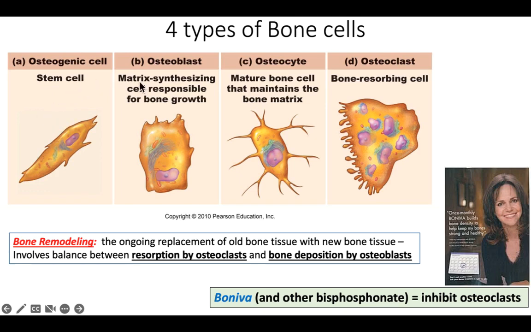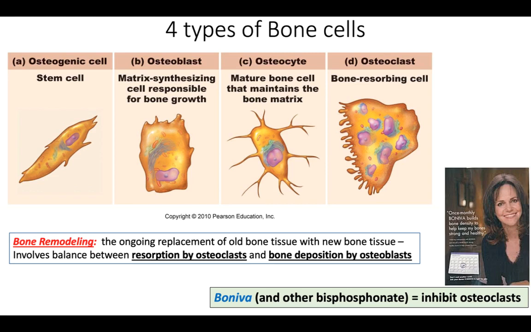But we do want to know the difference between an osteoblast, osteocyte, and osteoclast. Now, they all start with osteo, so that means bone. A cell that ends in blast usually is actively producing something. So, for example, a fibroblast is actively producing fibers like collagen. A chondroblast is a cell that's actively forming cartilage.